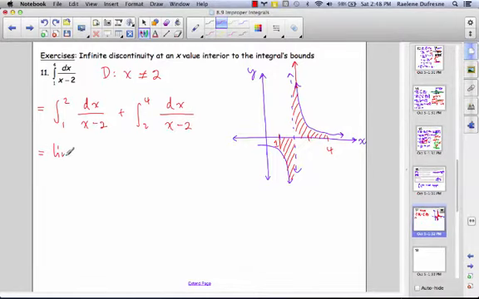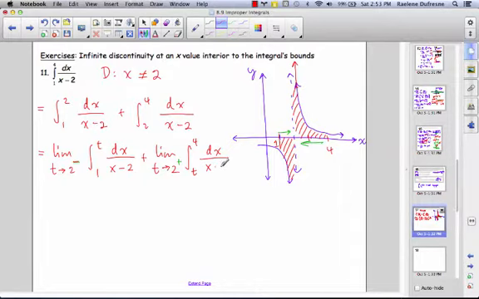And then we say the limit as t approaches 2 on this first region, t is going to approach 2 from the left, of the definite integral from 1 to t of dx over x minus 2, plus the limit as t approaches 2 coming from the right of the definite integral from t to 4 of dx over x minus 2.